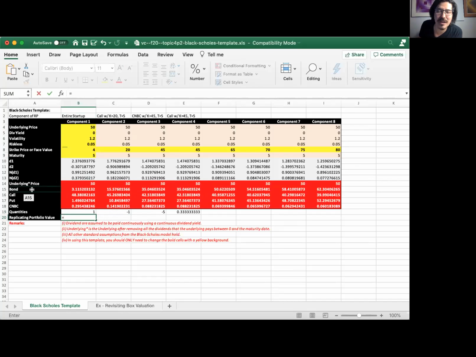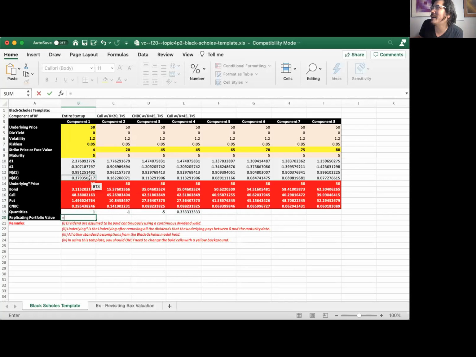You don't ever need to think about the bond, okay? That's for other non-VC purposes. Call option is this. Put option is this. You will never need to use the put. We only need to use calls and CNBCs. This is the prices of calls, and this is the price of CNBCs. So the way you want to think about this is the price of a shopping cart.